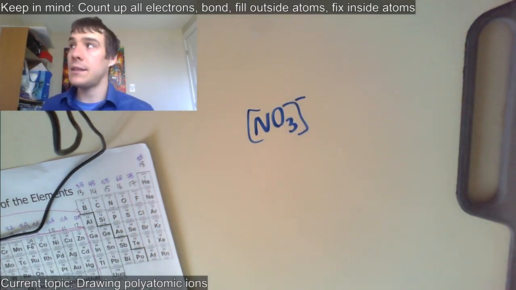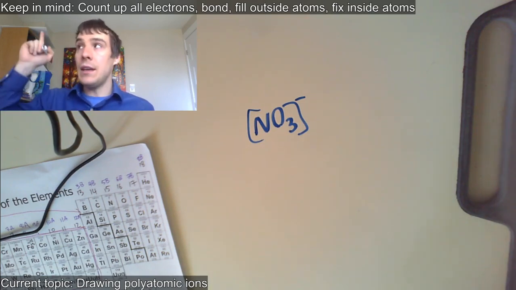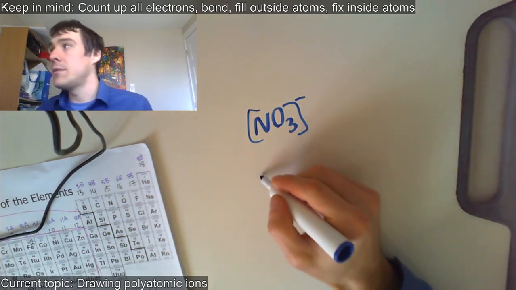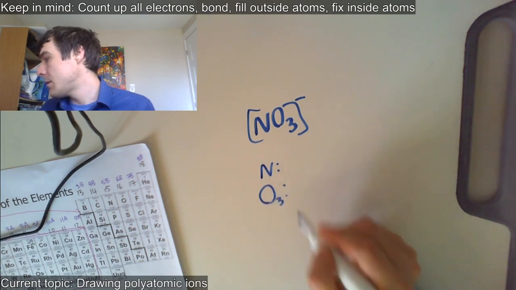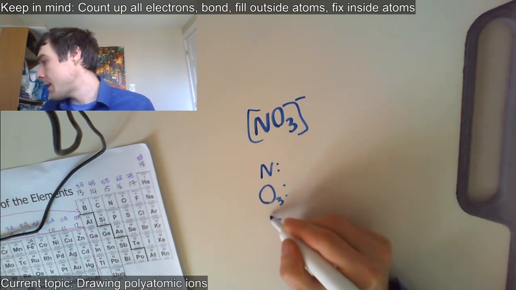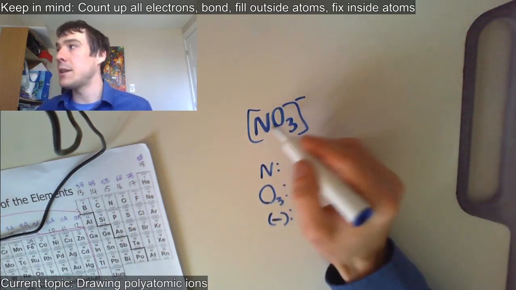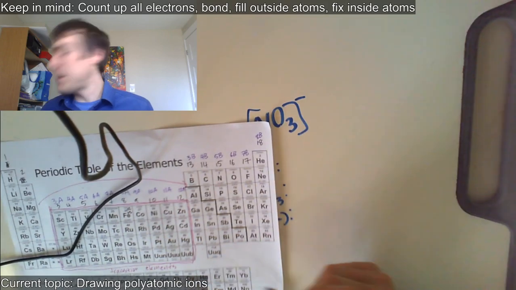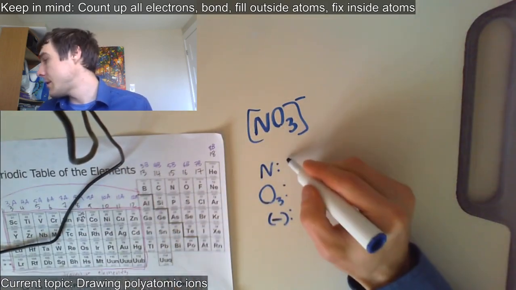NO3-. And there's a procedural method to drawing these structures that works really well, and that's up here. First, we have to count up all of our electrons. So we have a nitrogen, 3 oxygens, and a minus charge. So that's what's here, NO3-. And then we have to look at our table to see how many electrons we have. Nitrogen has 5 valence electrons because it's in group 15.